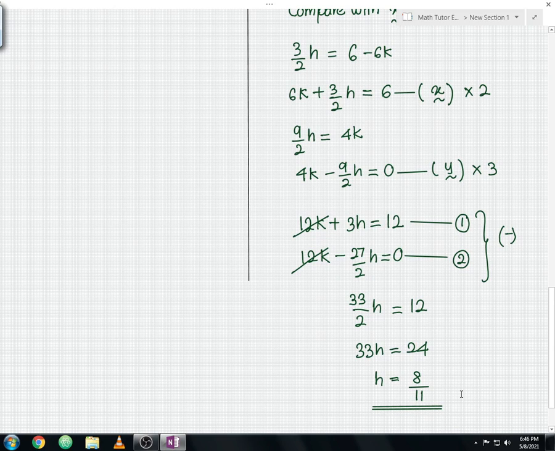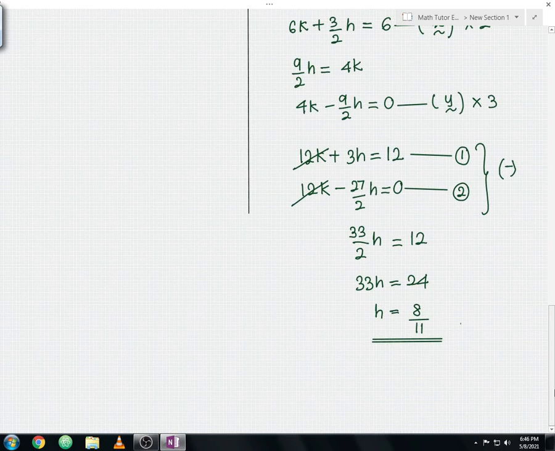Once you find the h value, now you can substitute this h value into either one of these equations that we have found. In this case, I'm going to substitute into the equation where 9 over 2h is equals to 4k.